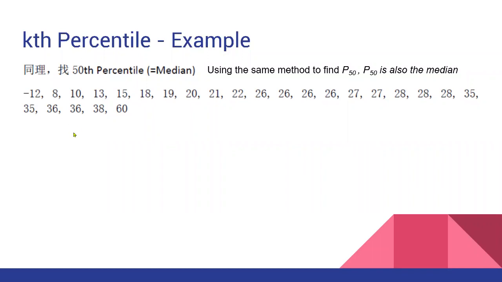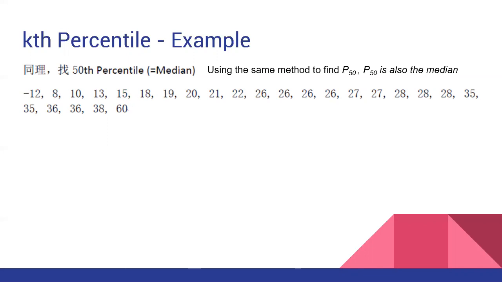Did you finish? All right, let's have a look at this together. To find the 50th percentile, first we need to sort the samples in ascending order, which is already done, because minus 12 is the minimum, then 8, 10, 13, 15, 18.